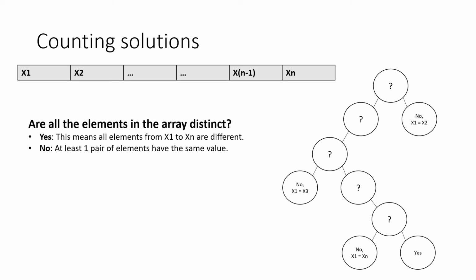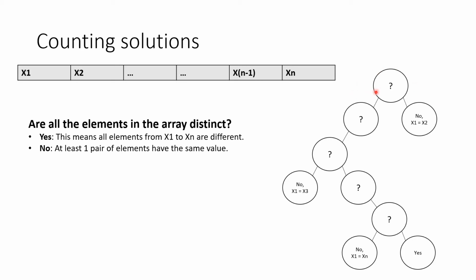When trying to do a lower bound proof, it is often a good idea to try and describe how the decision tree will look like. For example, let's say that we have a given input array of n numbers, going from x1, x2, all the way to xn. We can think of the decision tree as a binary tree where at each node we can ask a question.